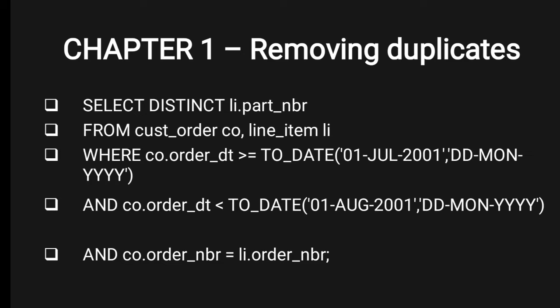When deciding whether to include distinct in your select clause, keep in mind that finding and removing duplicates necessitates a sort operation, which can add quite a bit of overhead to your query.